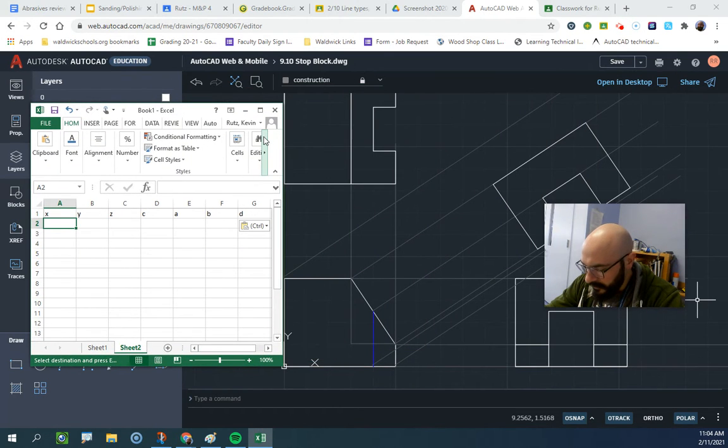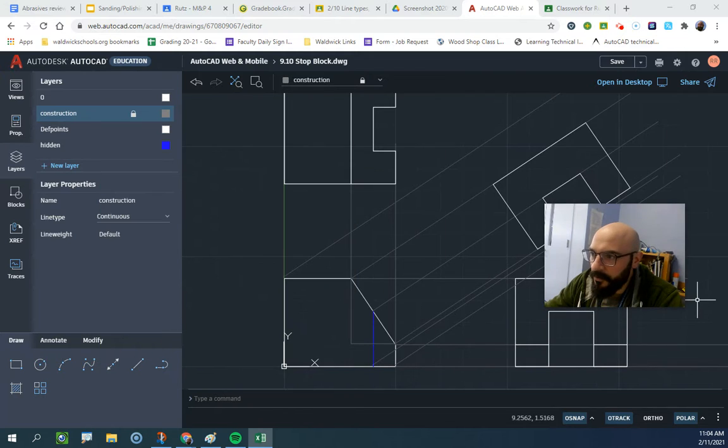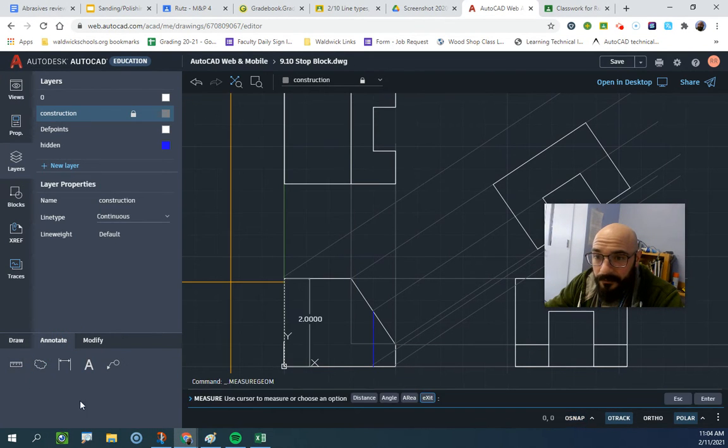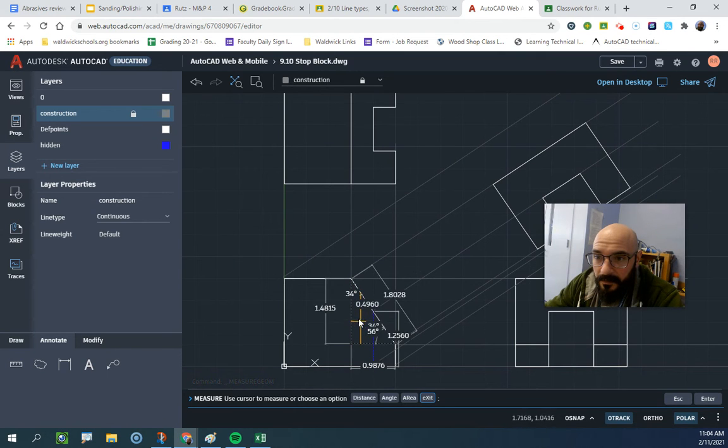We have a 34-degree angle at X. We have a 56-degree angle at Y. And just to prove it, I'm going to get my ruler. I've drawn out my lines in here. X is 34. Y is 56.